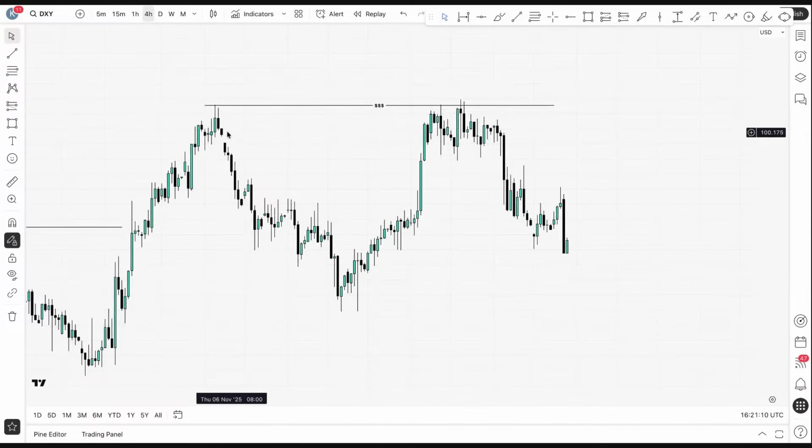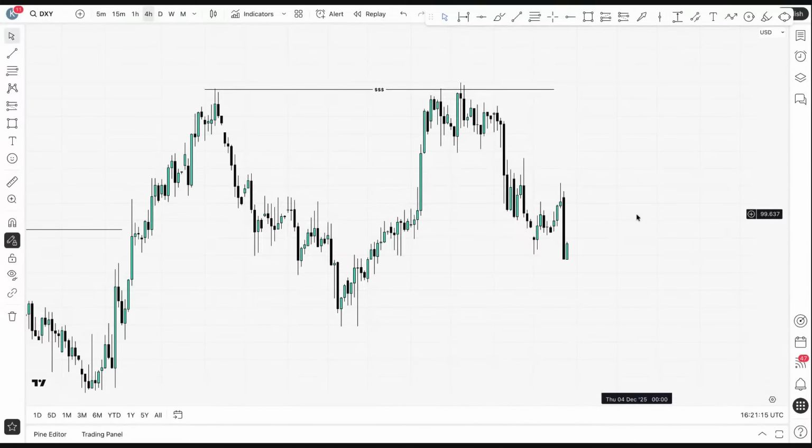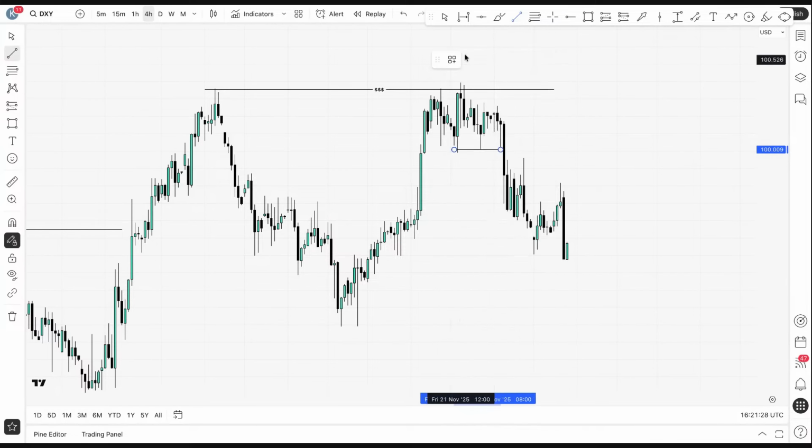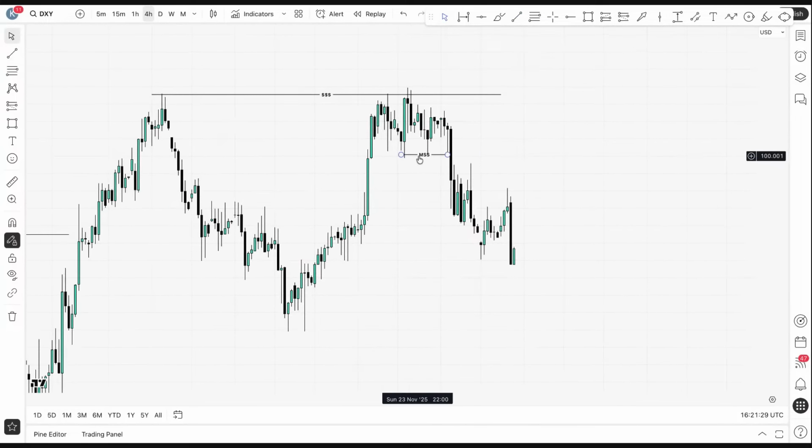Now, after price cleared liquidity here, you will notice that if you do your market structure correctly, you will discover that after that, you had a shift in market structure just around this level. All right. Market structure shift around that area. What does that imply to you?